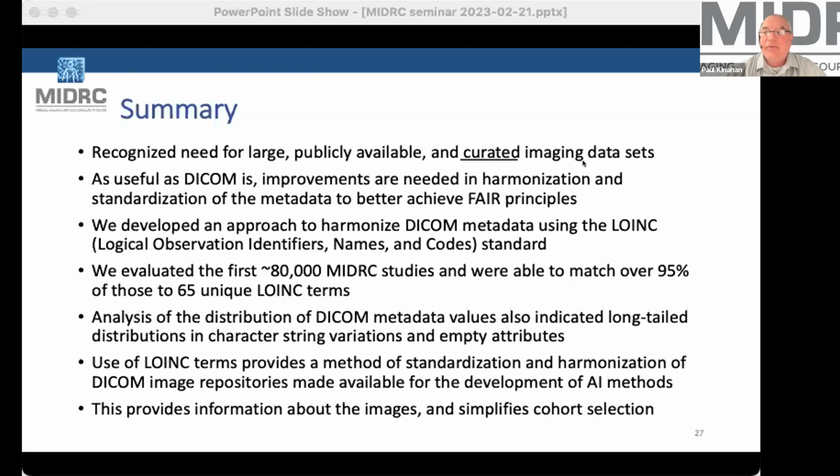We take that and create the updated MIDRC table, which is free to download separately from those two main tables, or the attributes table is the other one.